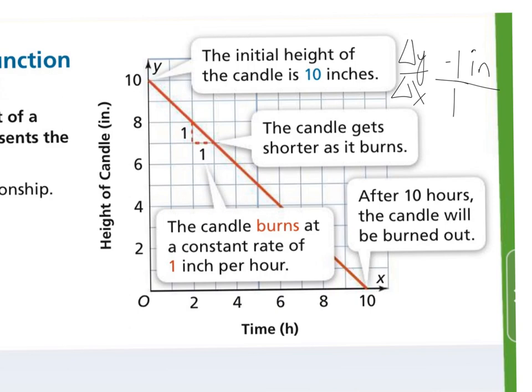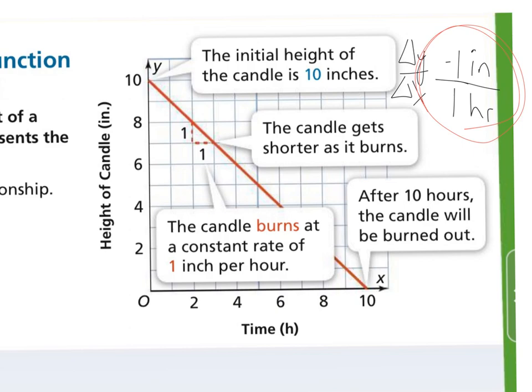Hours, good. So if we think about what our units are, we can see what's happening is the candle height is going down 1 inch every hour. Does that make sense?